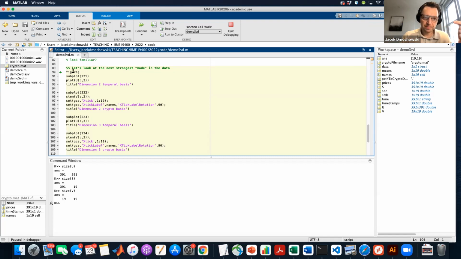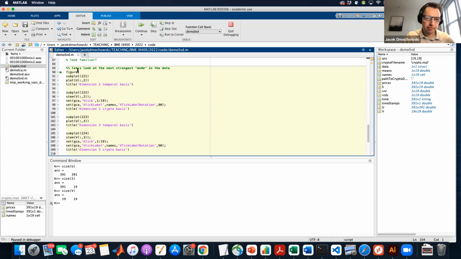Another way of saying it is, I want to capture the structure of cryptocurrencies beyond what is predictable from just the global market. I'm interested in dynamics that go beyond just the average market trend. And that's what these second modes are going to give you.